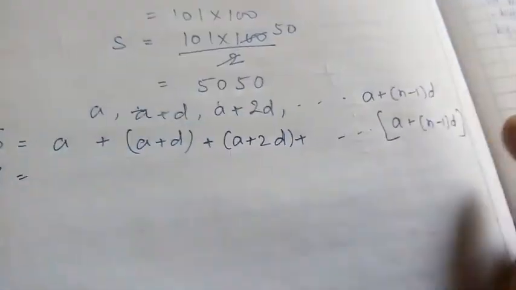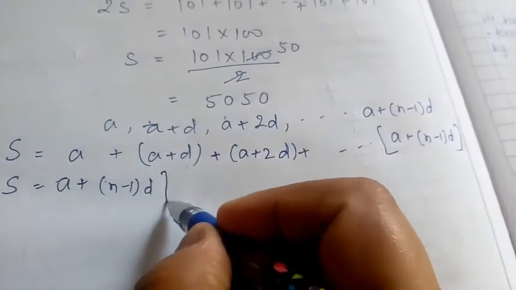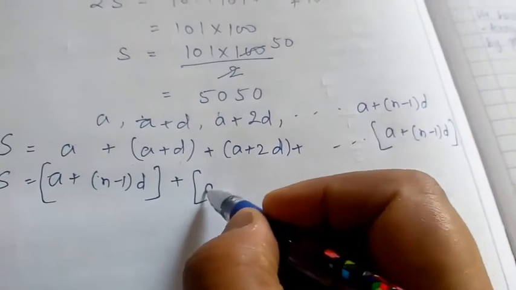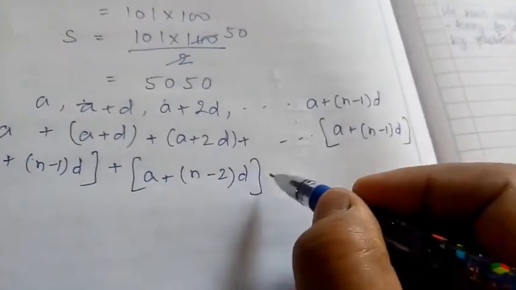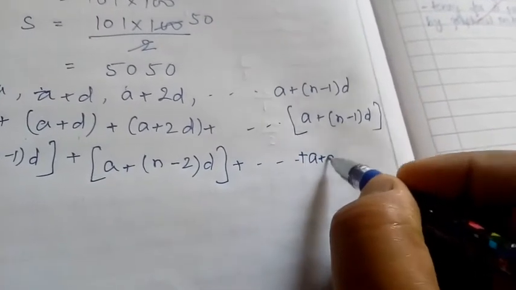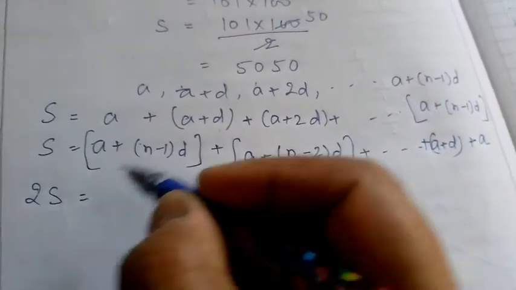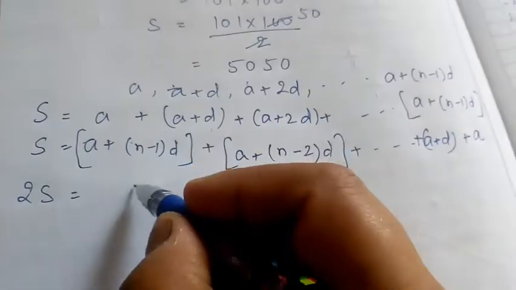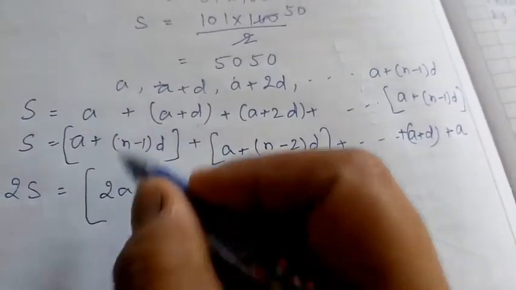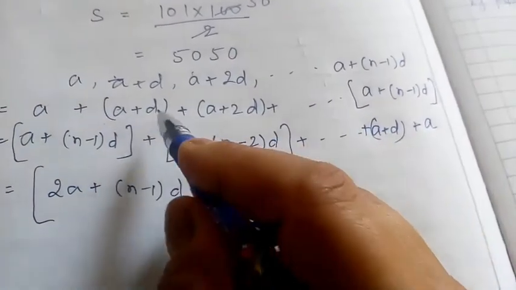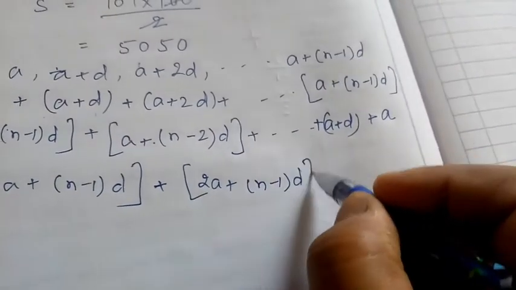Again S, reversing the order. A plus n minus 1 into D, and second last term will be A plus n minus 2 into D, and so on, then A plus D and last term is A. On reversing the series and adding these two term-wise, first term and first term, we get 2A plus n minus 1 into D. Again adding second term and second term, 2A plus n minus 1 into D, and so on.